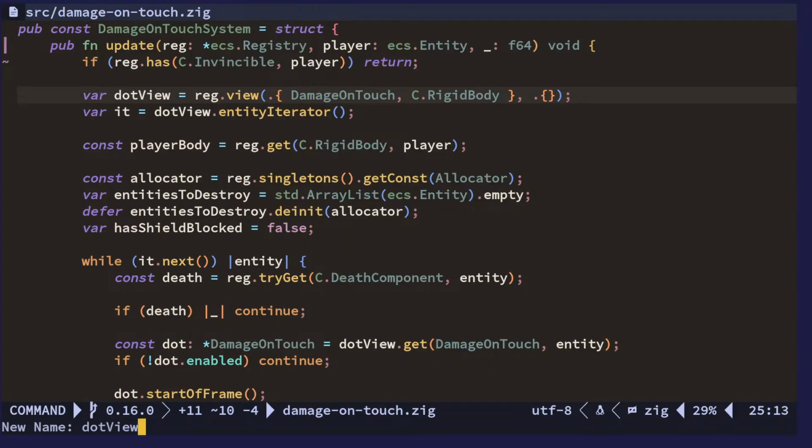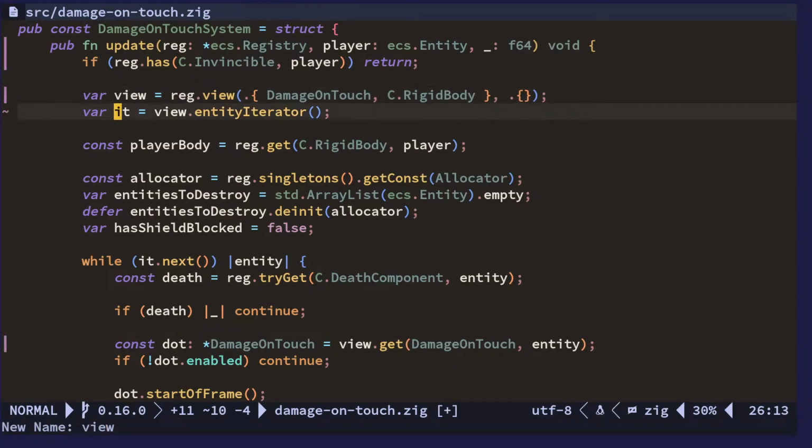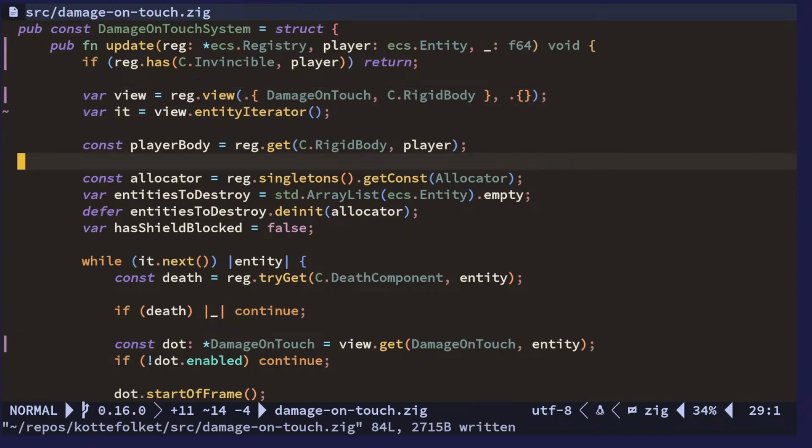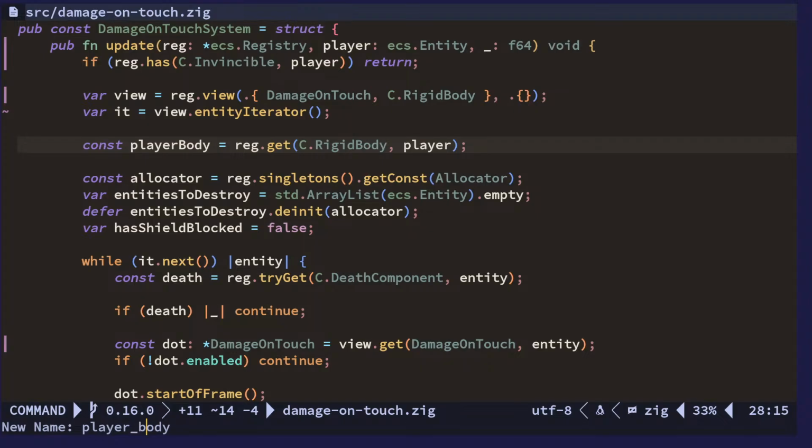Okay, I'm just gonna rename some stuff here. We can call this just view. This is the player body.